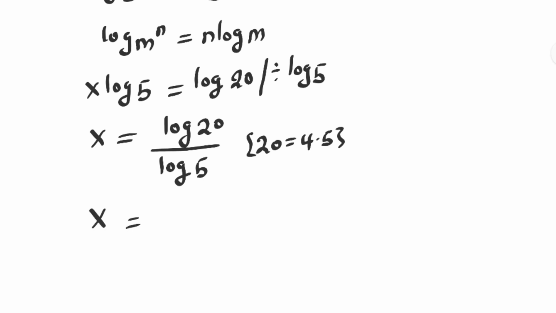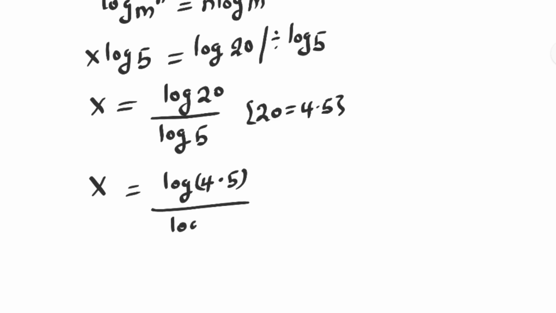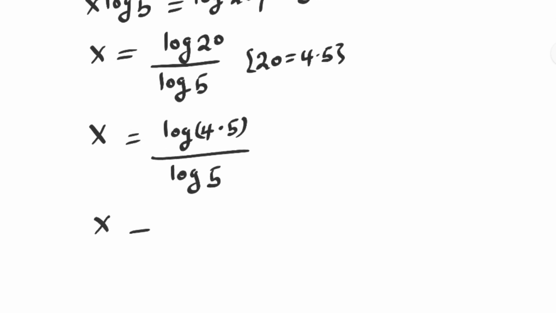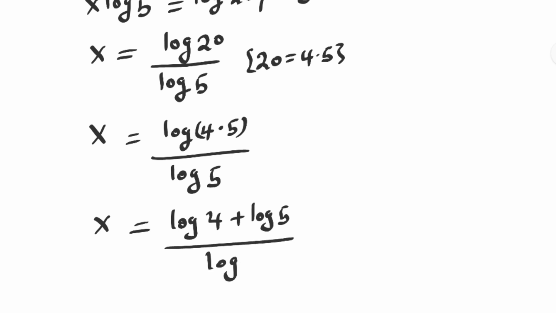x is equal to log of 4 multiplied by 5 over log 5. x is equal to log 4 plus log 5 over log 5.